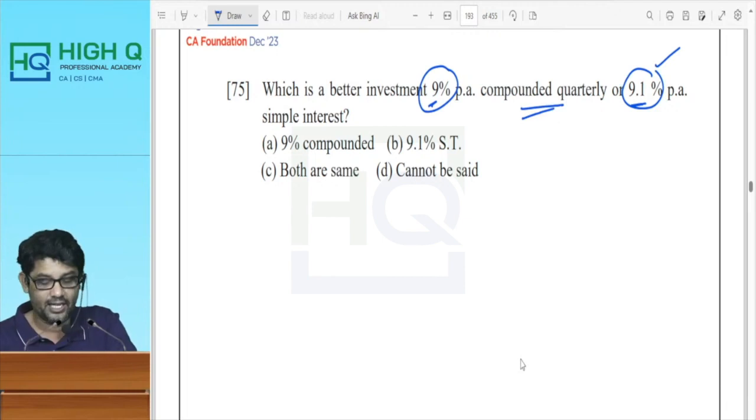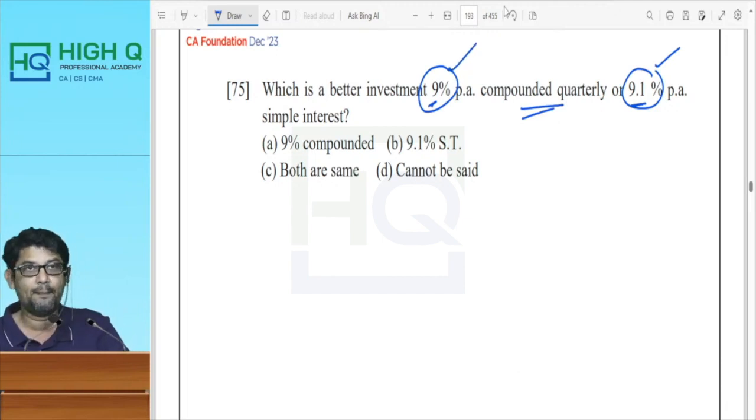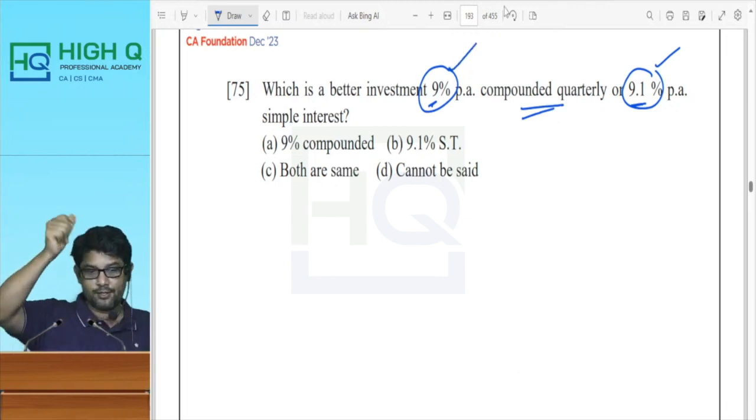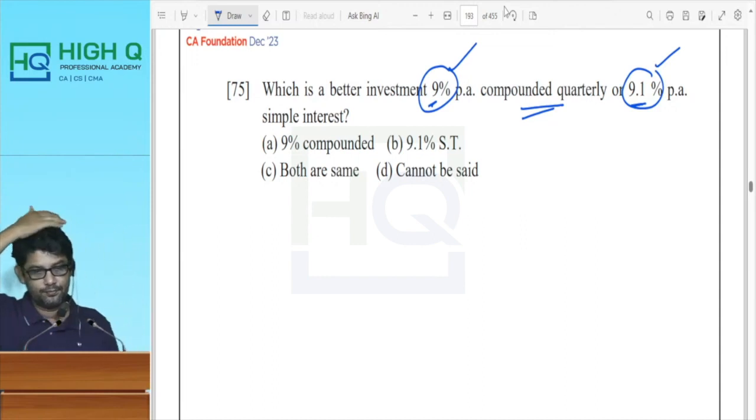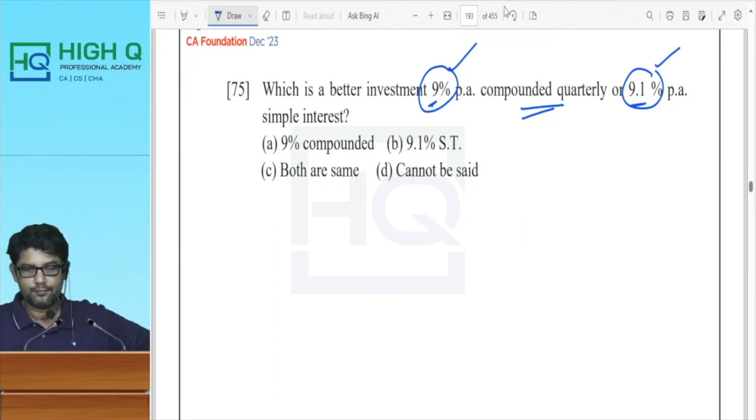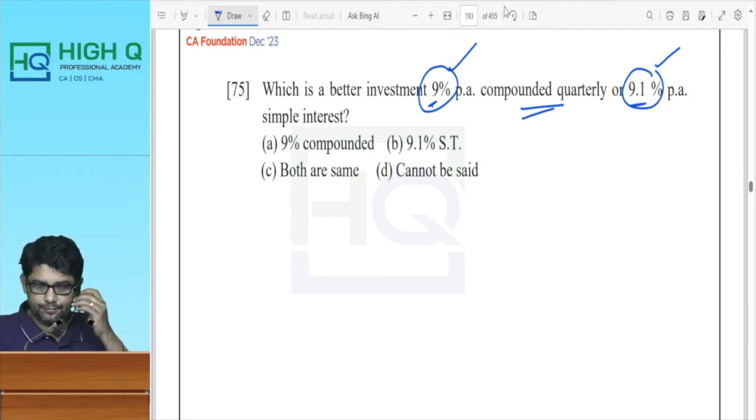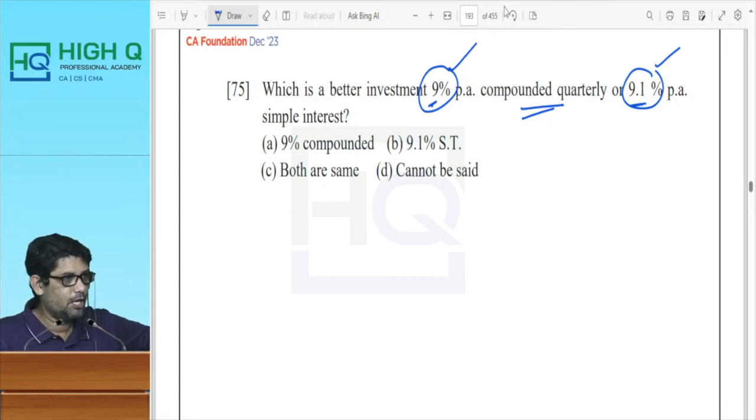So first find the effective rate of interest for 9% quarterly. Please find the effective rate of interest, I ask you to find out.